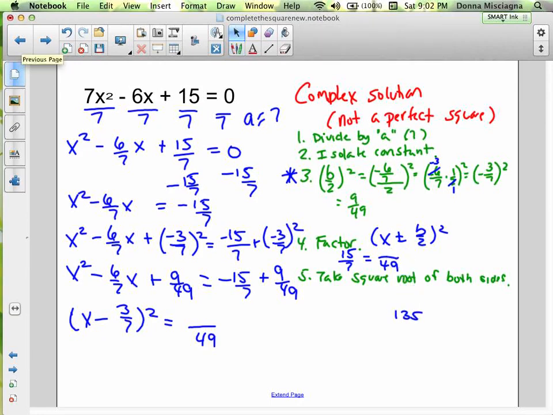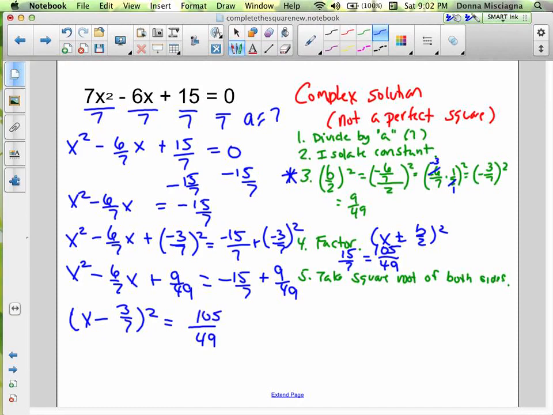Right idea, except it's not 35 times plus 100, it's 35 times plus 70. 7 times 10 is 70, and 7 times 5 is 35. So 70 plus 35 is 105. I had the right idea, I added it to 100 for some reason instead of 70. So 105/49 plus 9/49. That's going to give us x minus 3/7 all squared equals 114/49.